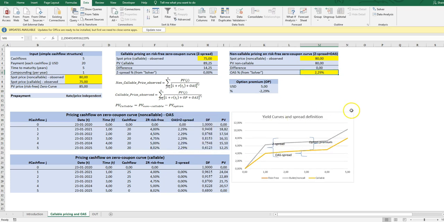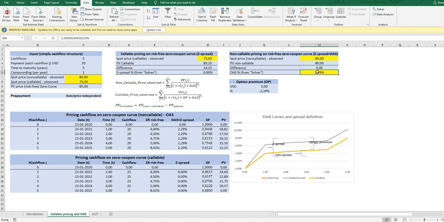Okay, 2.29. So in other words, investor requires the risk-free rates plus an additional 2.29 or 229 basis points along the entire curve. So this is the risk premium for the non-callable bond.